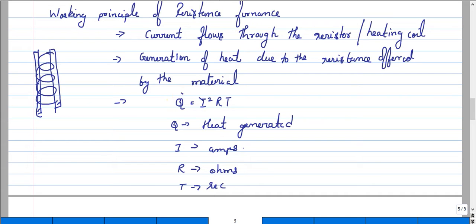So the heat generated depends upon the current flowing. When the current is more, more heat will be generated. So this is the concept. More frequency, you will get more current. That is all about resistance furnace.